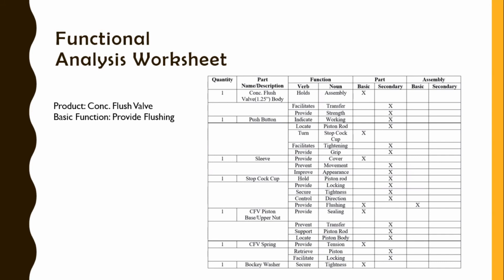So then you classify these. Once you have identified each function, identify whether they are basic or secondary, right? Some of these are basic functions, and many of the other functions are secondary functions, similar to what you see in a pencil, right?